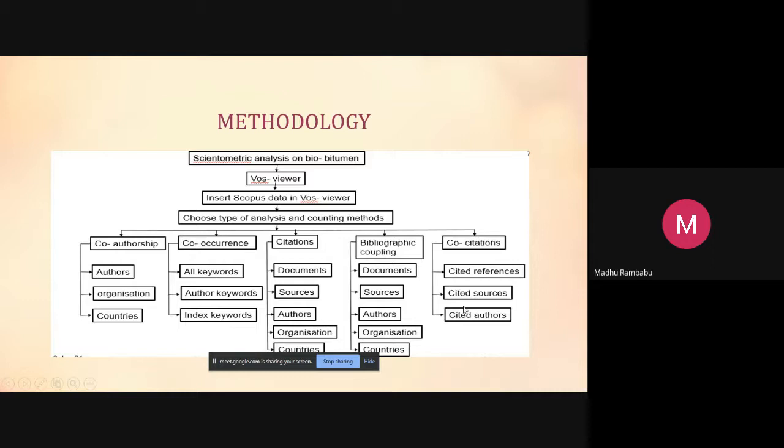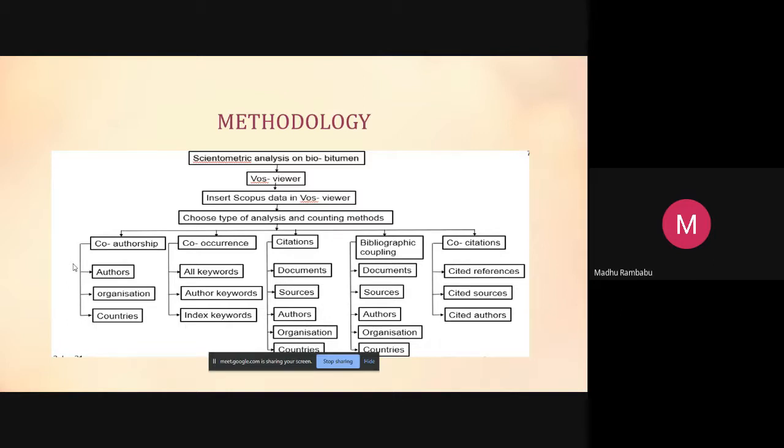These are all the options over here: co-authorship, co-occurrence, citations, bibliometric coupling, and co-citation. For each, there are units like authors, organizations, and countries. Co-authorship with authors, co-authorship with organizations, co-authorship with countries. Likewise, co-occurrence with all keywords, author keywords, index keywords.